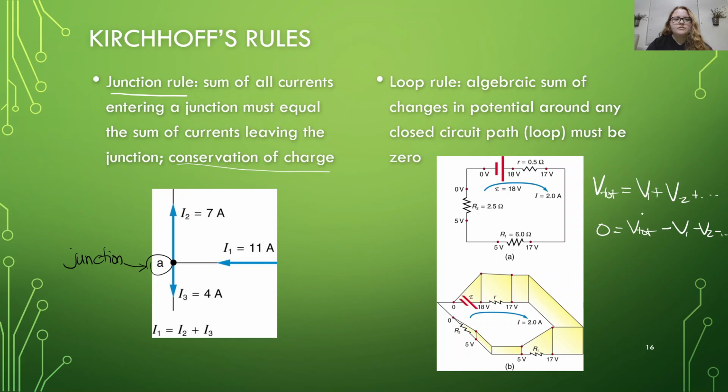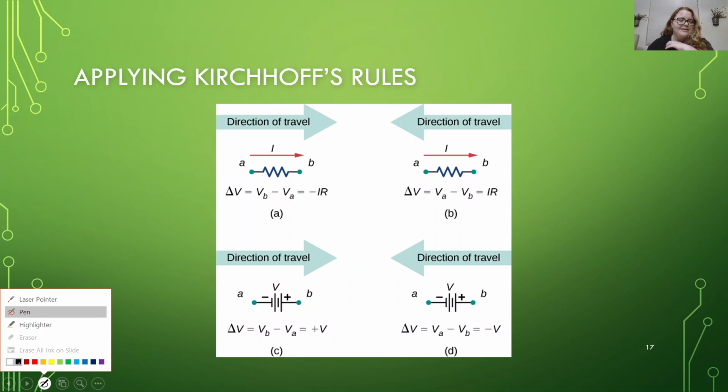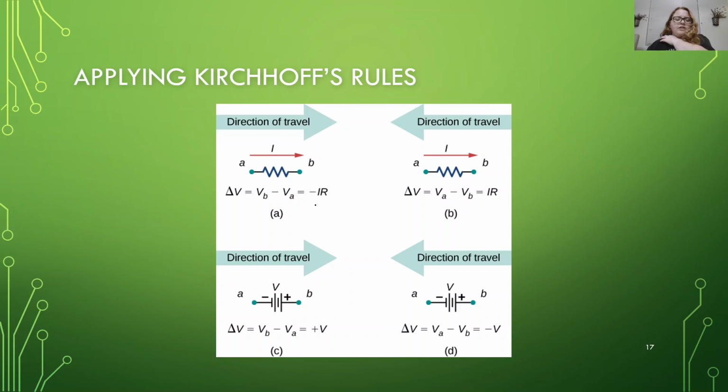Okay, and with that, I wanted to just show you this diagram. This is actually from a different textbook, but the one in your textbook was kind of confusing, in my opinion at least. So this is a diagram showing you the voltage difference, the potential difference, I should say, what that sign would look like, so positive or negative, when we have a current and direction of travel that are either in the same direction or in opposite directions, okay?